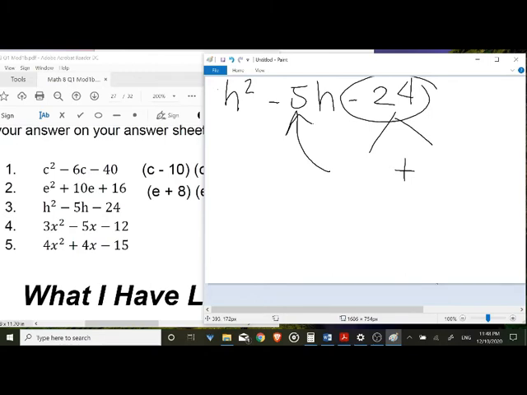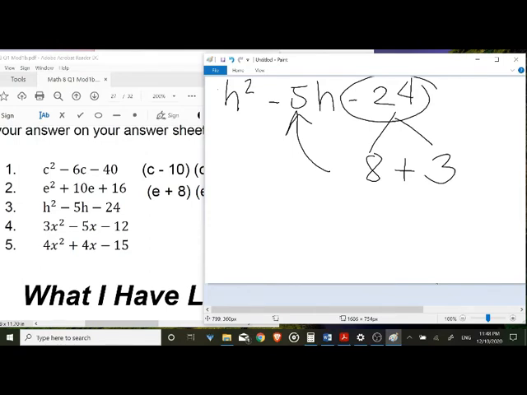So 24 pwedeng 6 times 4. Hindi naman, pag subtract natin, hindi naman 5. So ano pang 24? 8 and 3. Yan, pwede. So 8 and 3.